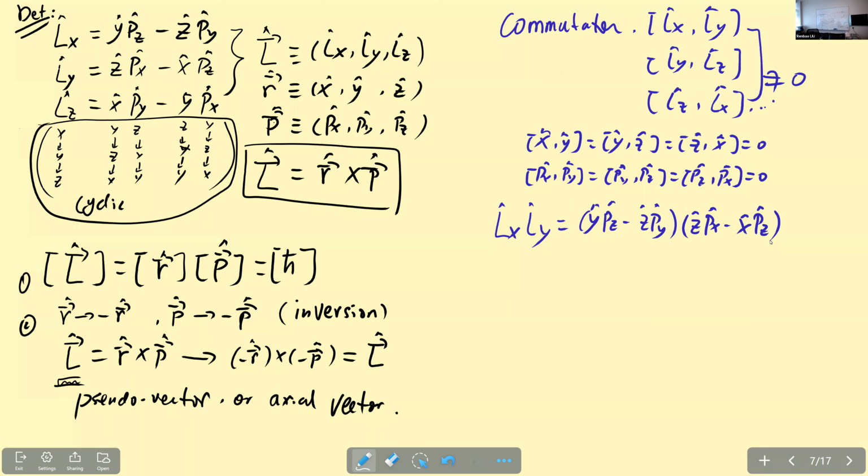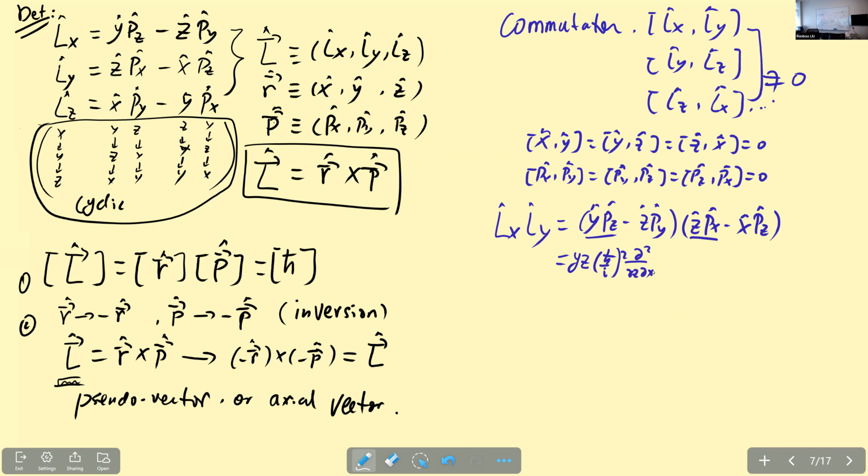So there will be 4 terms. Let's check these one by one. This one and this one, because this one is a differential with z and this one is a differential with x, the result is going to be yz h bar over i squared, partial z partial x.